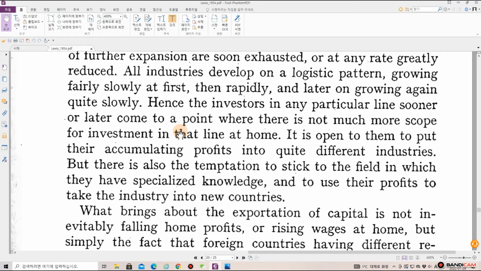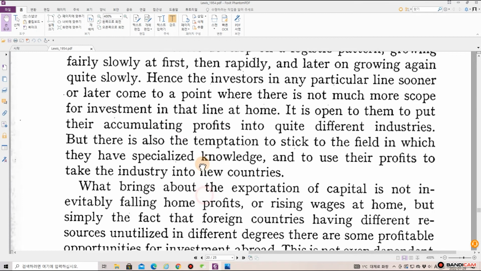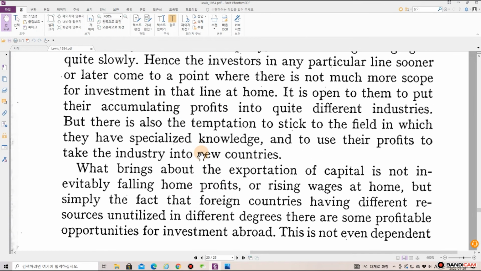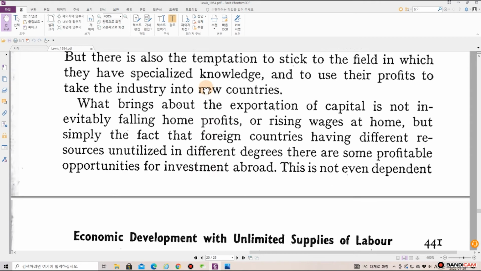Hence, the investors in any particular line sooner or later come to a point where there is not much more scope for investment in that line at home. It is open to them to put their accumulating profits into quite different industries. But there is also the temptation to stick to the field in which they have specialized knowledge and to use their profits to take the industry into new countries.